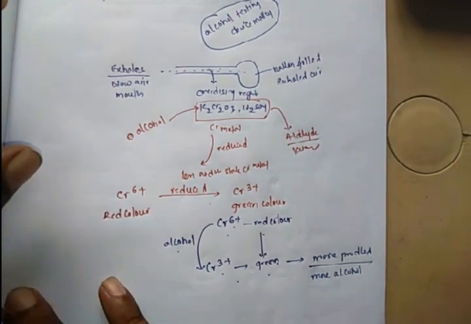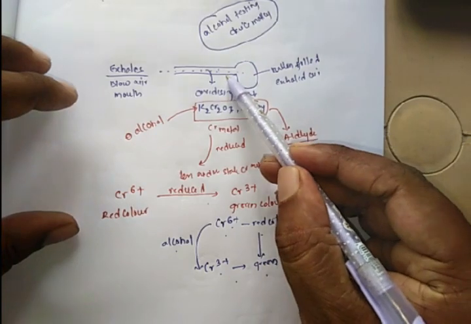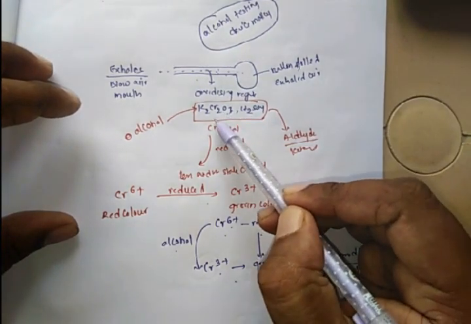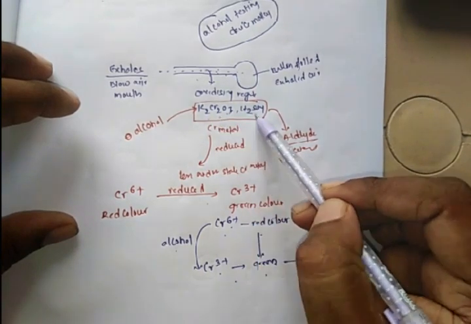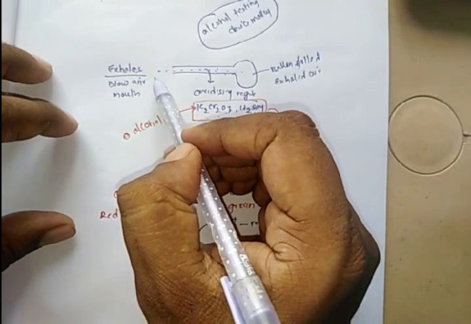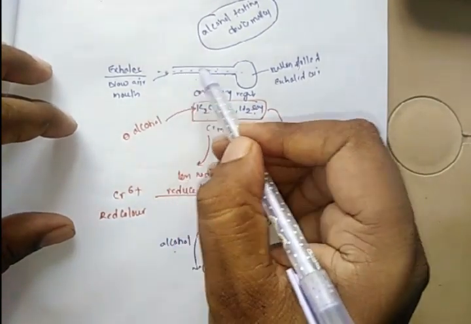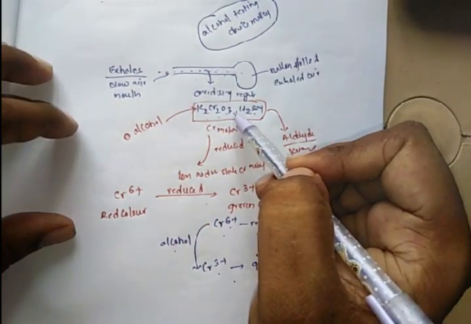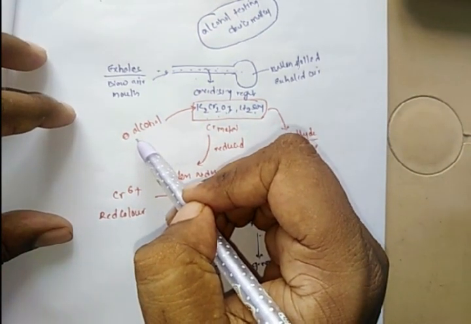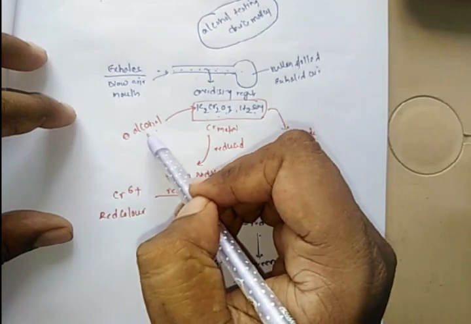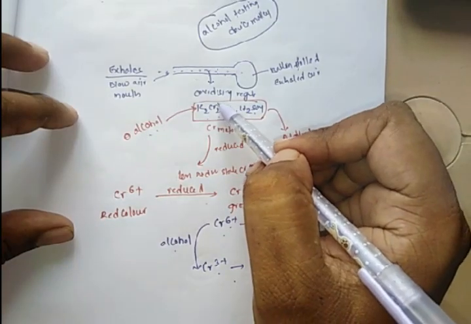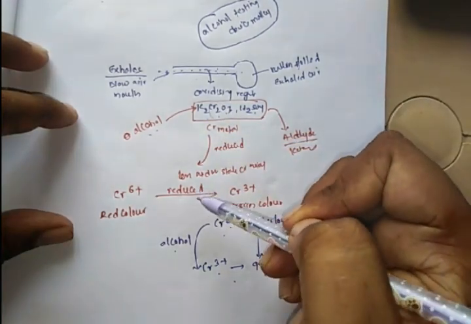Once again, the alcohol testing device contains a tube filled with the oxidizing reagent, that is potassium dichromate and H2SO4. Whenever a person exhales air into this tube, the oxidizing reagent comes in contact with the alcohol, which will be converted into aldehyde or ketone, and the oxidation state of this chromium metal is also reduced.